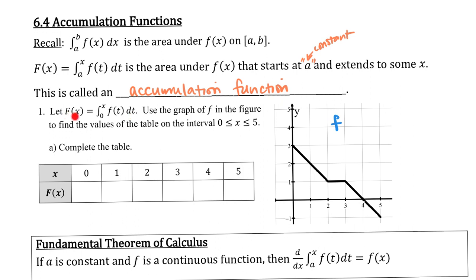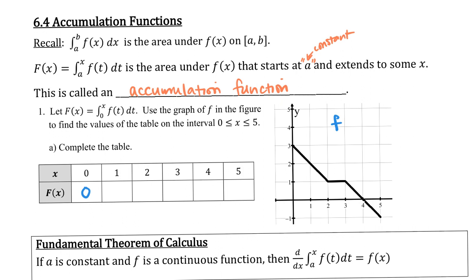I want the area under the curve of f of t, starting from 0 until whatever they tell me the value of x is. So if I start from 0 and I go to x equals 0, I'm finding the area from here to here, which has a width of 0. So the area is just going to be 0 here.